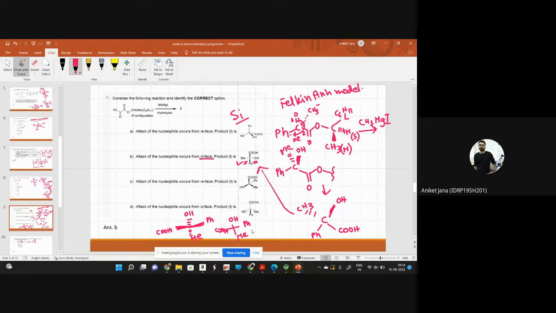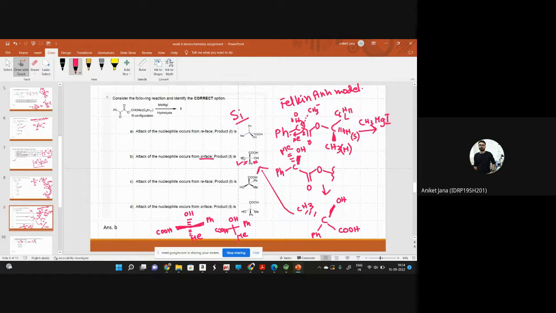Okay, this is the Fischer projection formula of this one. Two groups, methyl and OH: the OH group is on the wedge line, CH3 is on the dashed line.